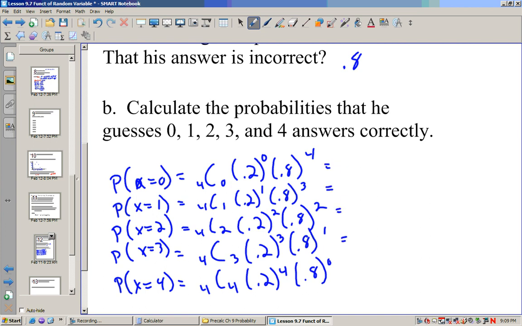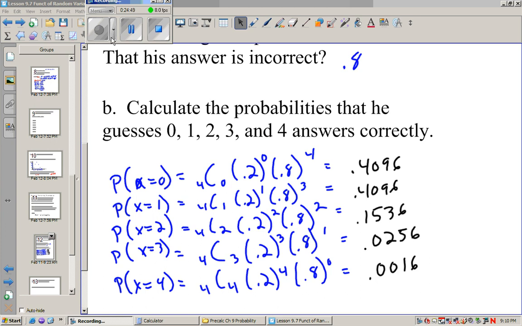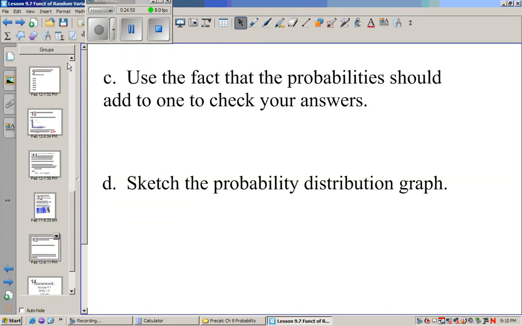Hopefully that makes sense to everybody. So here he gets 4 correct, 0 incorrect. Now I'm going to calculate. So here are the probabilities for Willie to get 0 through 4 correct on that test.